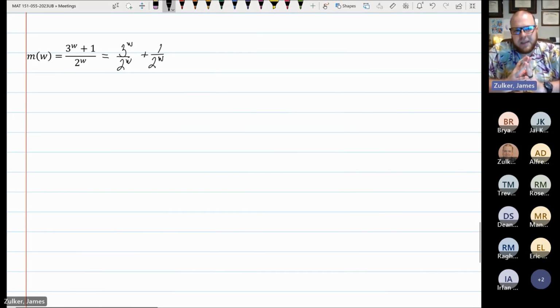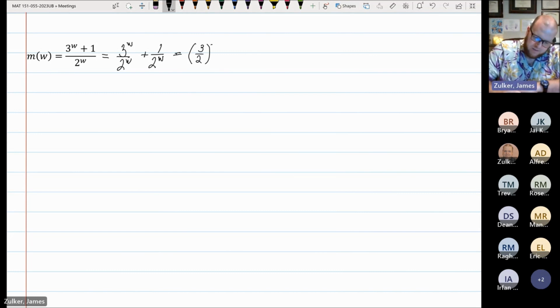We have a monomial in the denominator, which allows us to say each term of the numerator is divided by that denominator, which we can now rewrite as 3 halves to the w plus 2 to the minus w.